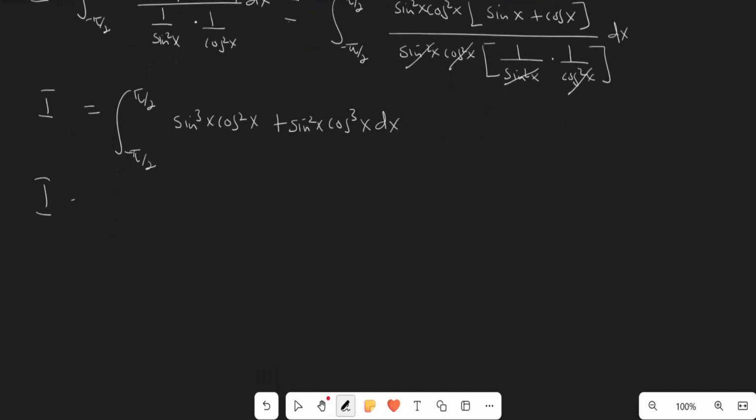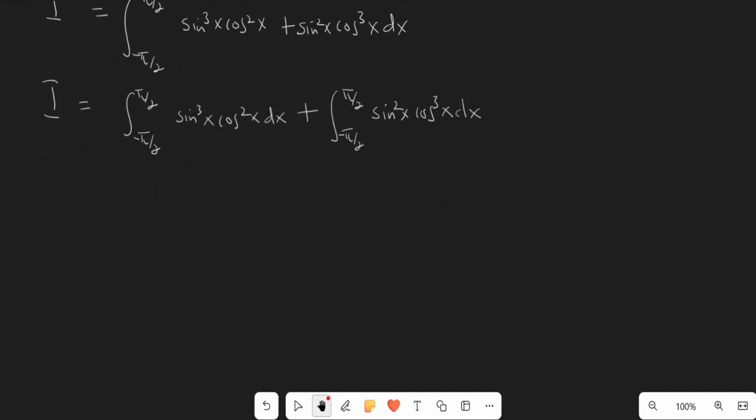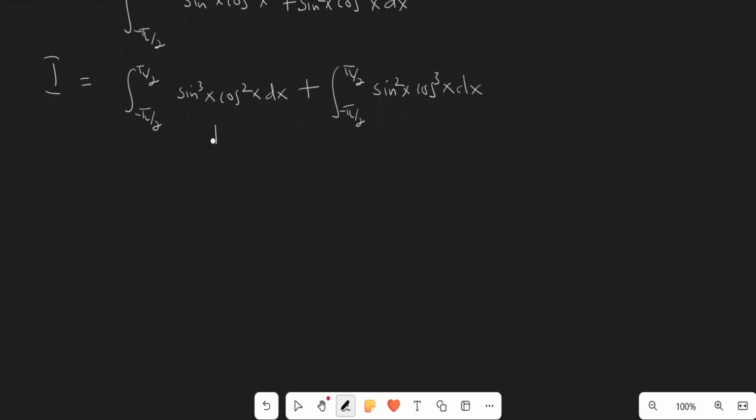Now we are going to split this into two different integrals: the integral from negative pi over 2 to positive pi over 2 of sine to the third power of x cosine square of x dx, plus the integral from negative pi over 2 to positive pi over 2 of sine square of x cosine to the third power of x dx. Cool. Let's call these integral 1 and integral 2.